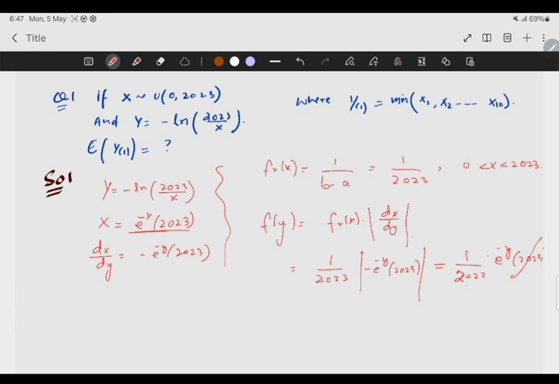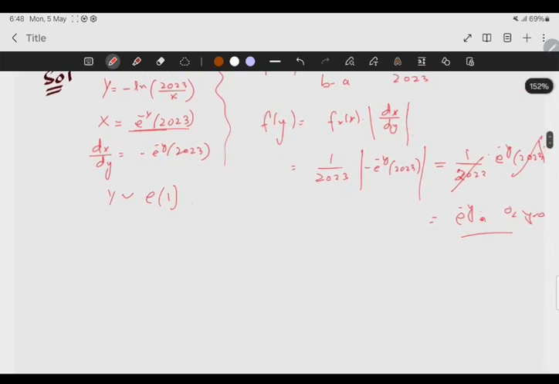So this 2023 gets cancelled out with this 2023. We will be left with e raised power minus y, for y from 0 to infinity. That is nothing but exponential with rate 1. So y follows exponential 1.